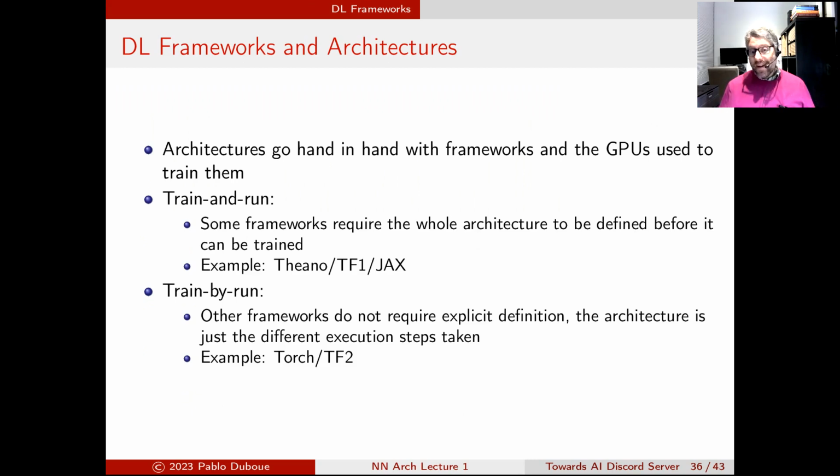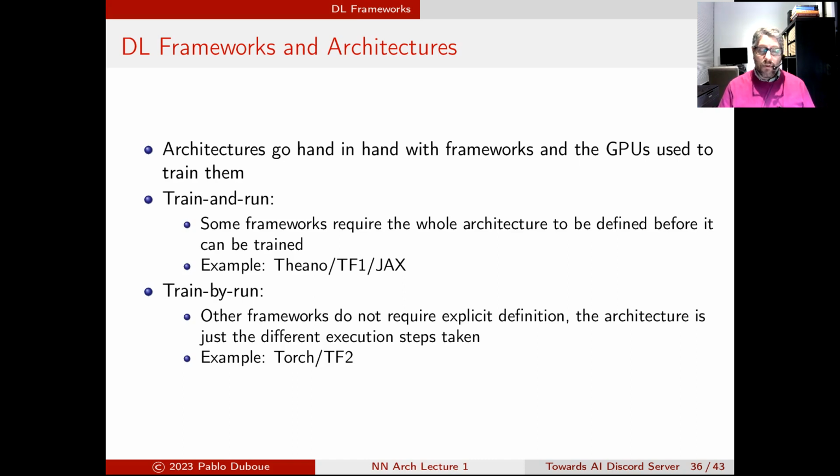Architectures go hand in hand with the frameworks and the GPUs used to train them. In general, frameworks divide into two types: train and run, and train by run. In the train and run, you define the whole architecture first, and then you train it.